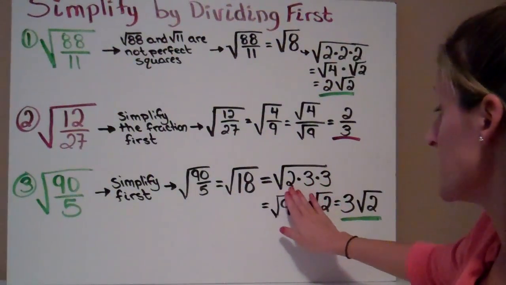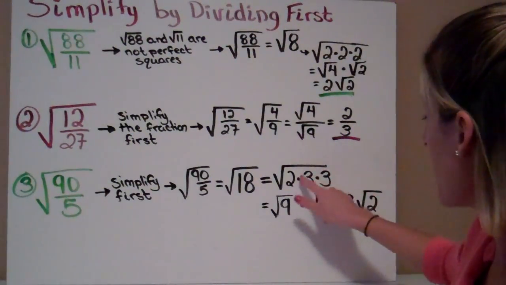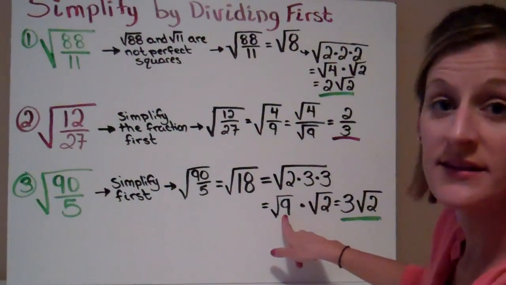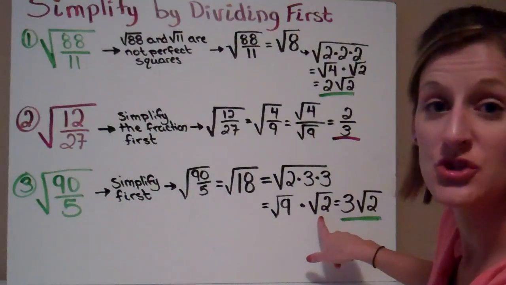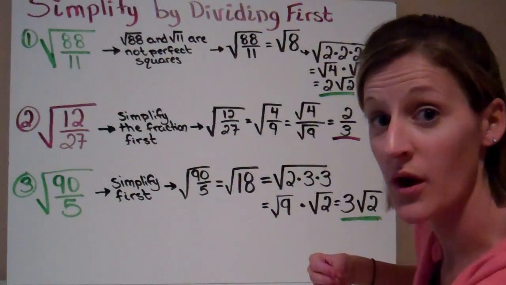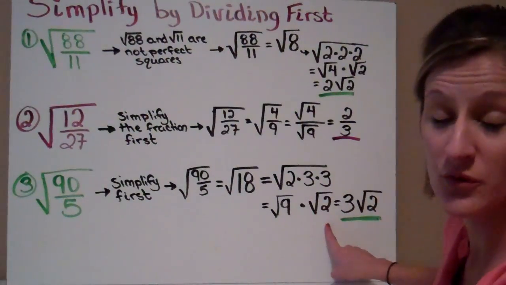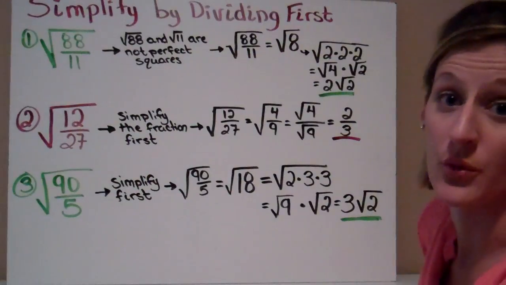When I do that, I get 2 times 3 times 3. Now these two 3's multiplied together give me 9, and I can do the square root of 9. Now I'm left with the square root of 2 because I cannot make a perfect square out of that. So when I do the square root of 9 times the square root of 2, I simplify it, and it becomes 3 times the square root of 2.